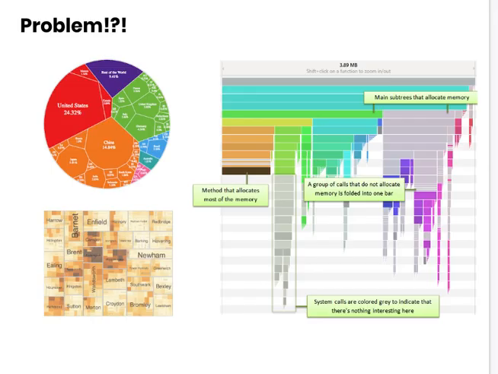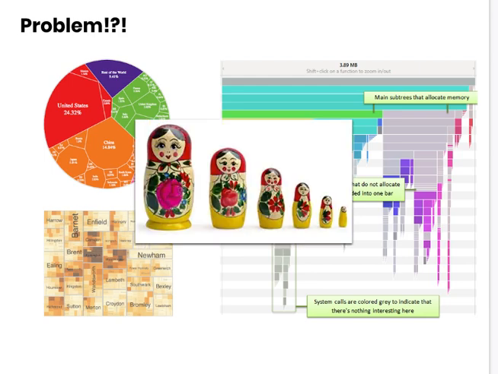This is true for Voronoi maps, for Voronoi tree maps, this is true for tree maps, and this is true for node link diagrams to some extent, because you're running out of space to show all these leaves and children, and in icicle plots as well, because at some point you're running out of pixels to fill your screen with. So what can you do if your leaves are becoming smaller and smaller?